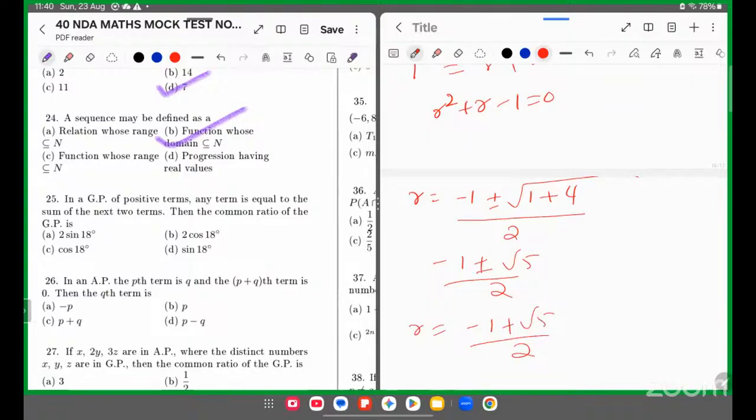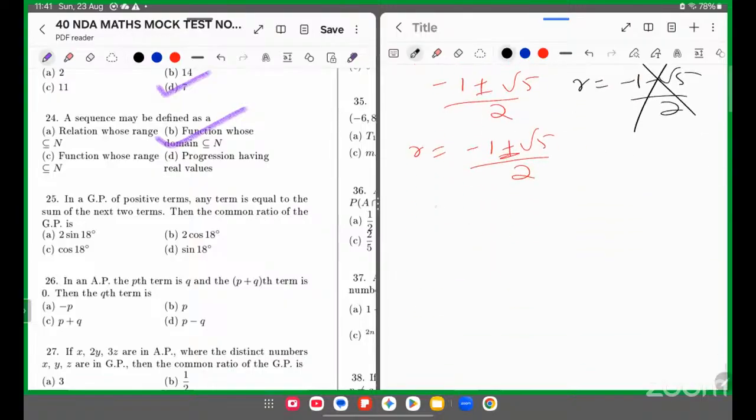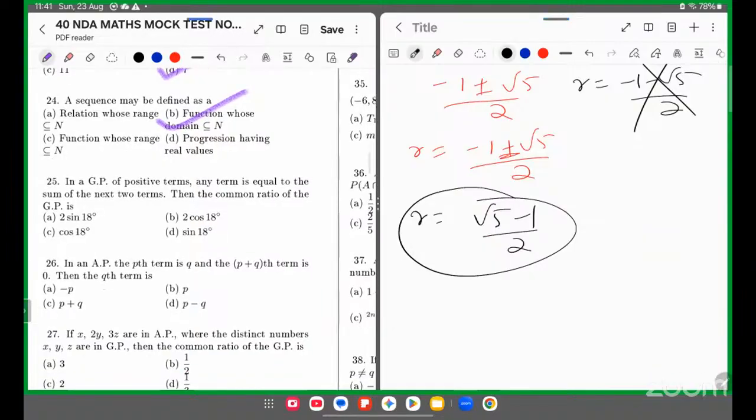It can be minus also, no problem, but it is a GP of positive terms. When you write r equal to minus 1 minus root 5 by 2, this will become a negative number. GP of positive terms means r should be equal to root 5 minus 1 by 2.